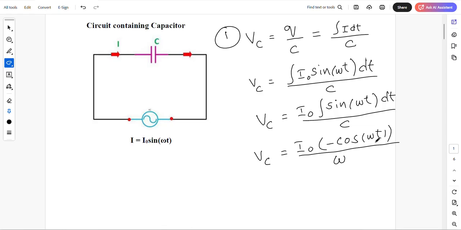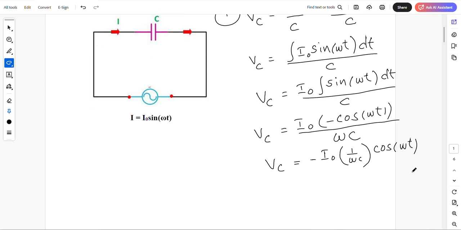The coefficient of t is omega, that gets divided. This C is already there here. So Vc is given by minus of I naught into 1 by omega C into cos of omega t.